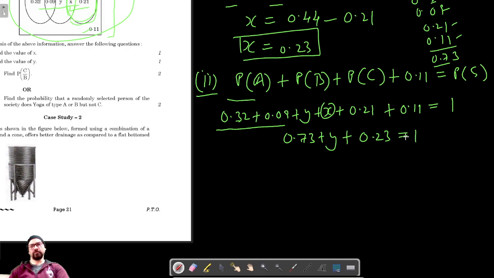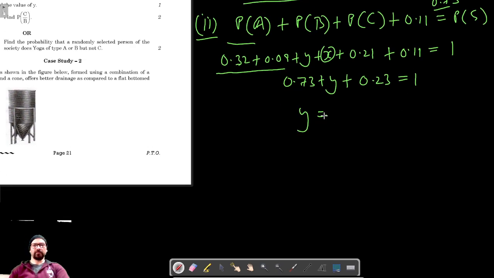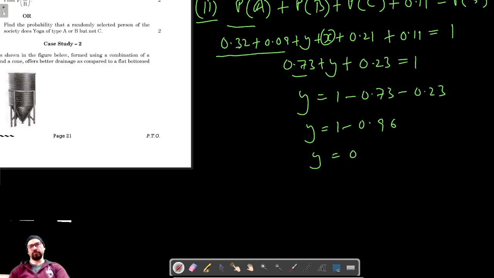This is 0.23. So y is equal to 1 minus 0.73 minus 0.23. So y's value is 1 minus 0.96, which is equal to 0.04. So the probability of y is 0.04.